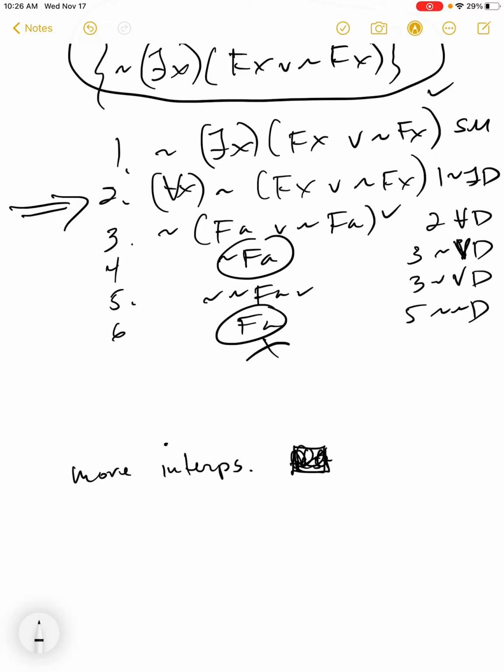And we've talked about interpretations or semantics for PL with identity, and we've started the tree method.